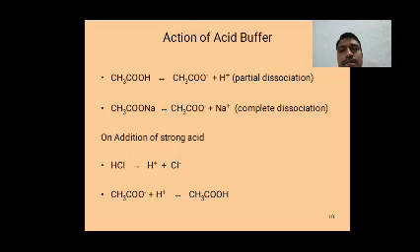The H plus ions come from a strong acid like HCl, which produces H plus ions plus Cl minus ions. These H plus ions combine with the acetate ions already present in the acidic buffer solution to form weakly dissociated acetic acid.